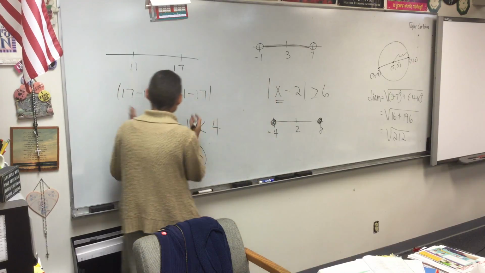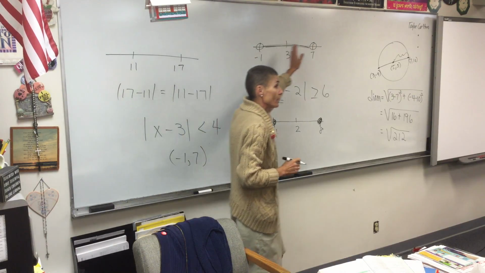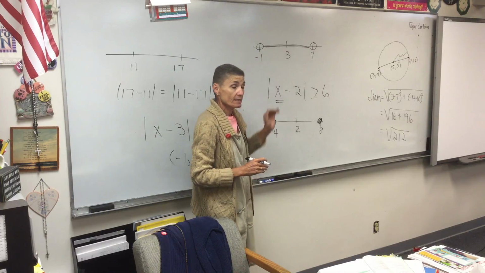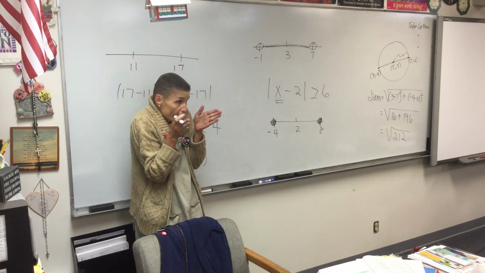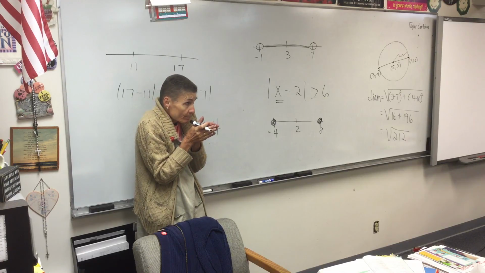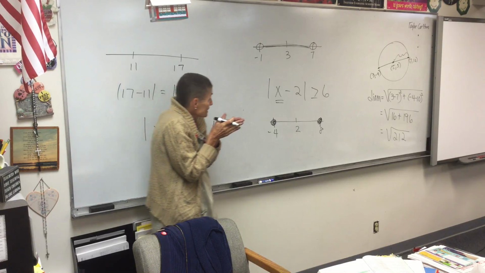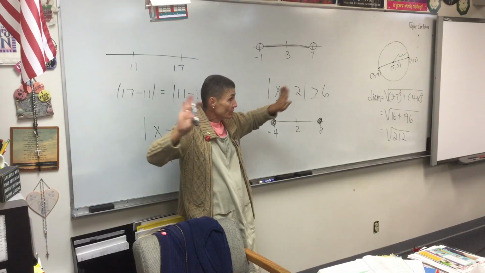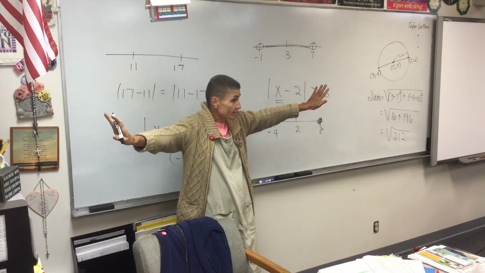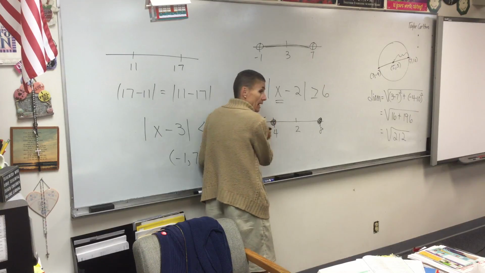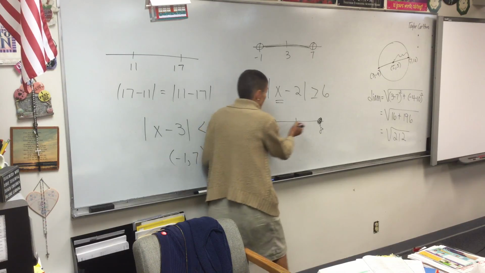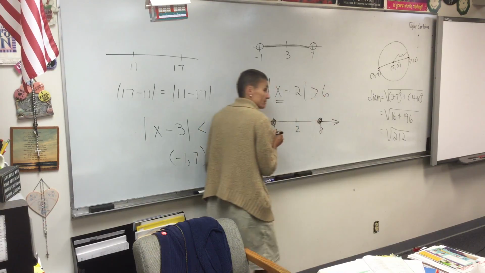Last time, we shaded between the 2 numbers, because last time, we wanted the distance to be less than 4. Now I want the distance to be greater than 6. So what am I going to do? Out here and out here.